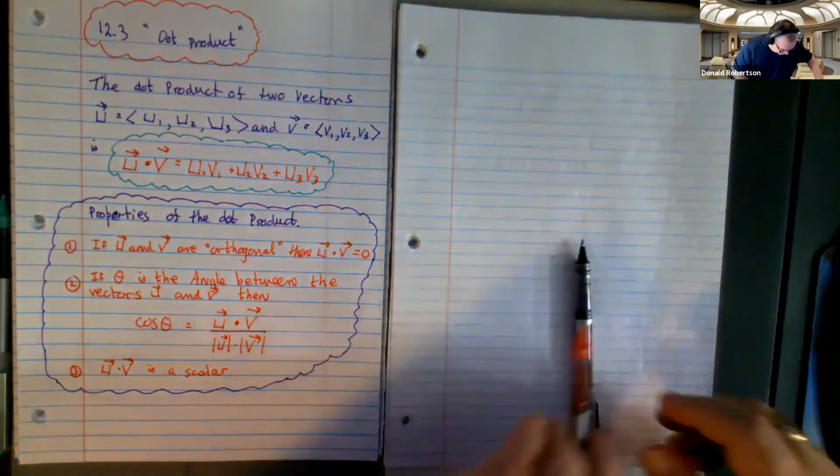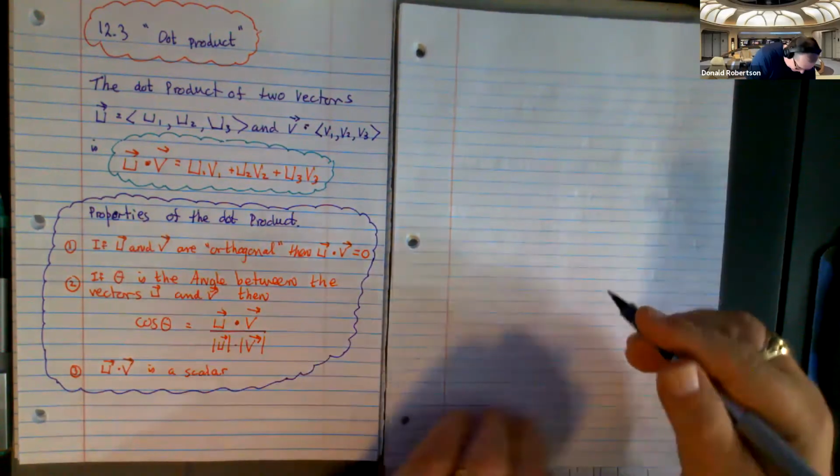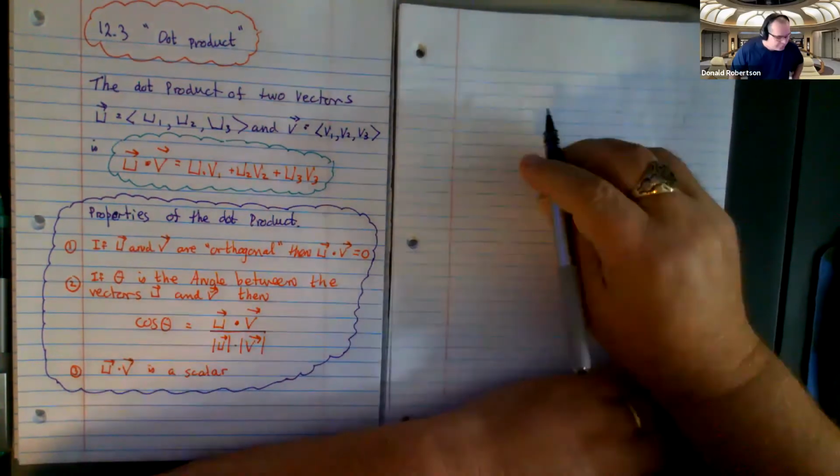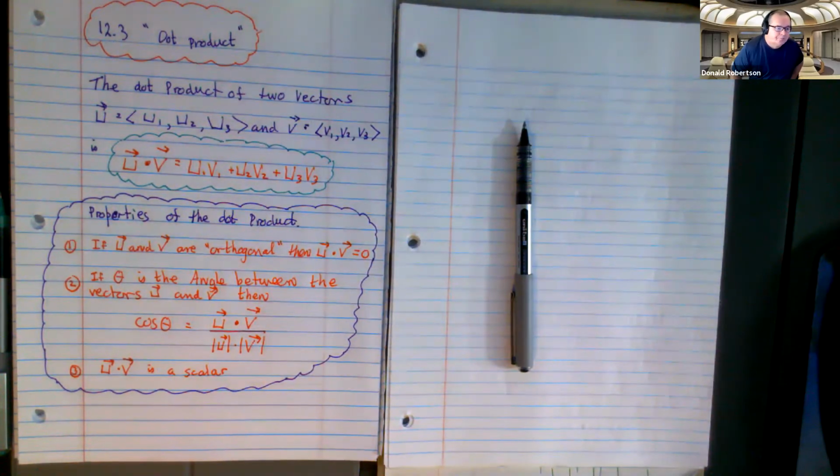And u dot v, the dot product, is a scalar itself, which means it is a number. So there's a bunch of questions right at the start that go something like this. Let me bring them up for my own benefit so I can remember how they phrase them. It's loading up as we speak.